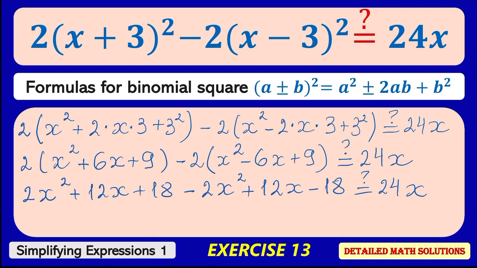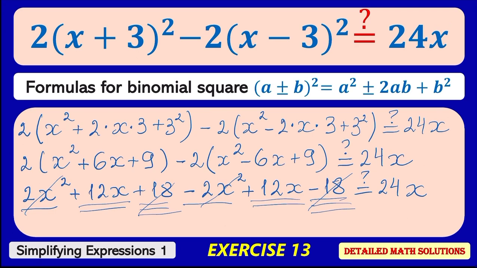The pairs of like terms are 2x² and −2x², 12x and 12x, and then 18 and negative 18. 2x² and negative 2x² cancel out because their sum equals 0. 18 and negative 18 also cancel out because their sum equals 0.